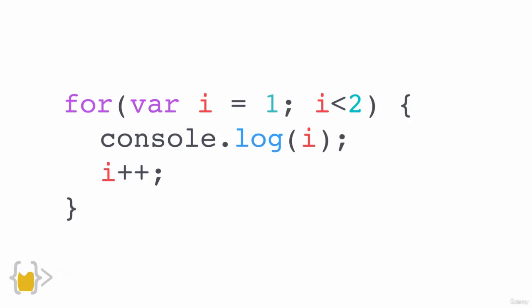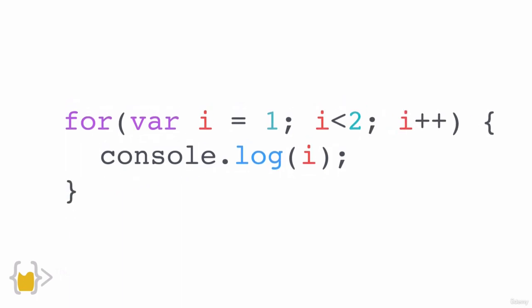So we'll end once i is less than 2. And finally, if we're using the while loop, we have to include the code that changes i inside the while loop. Now it's integrated into the declaration for the for loop, so that when we create the for loop, we already define the starting point, the ending point, how much i is going to change, and the code that should be carried out every single time the loop runs.